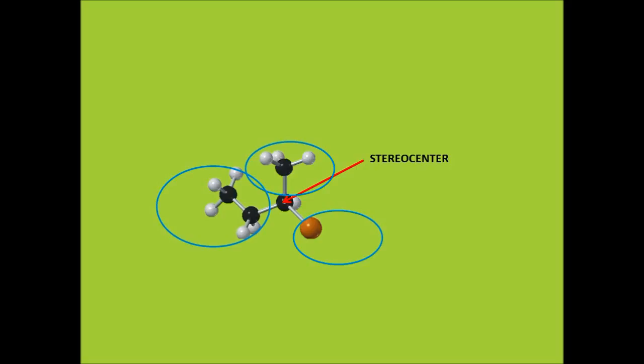This carbon, to which all 4 groups are attached, is called the stereocenter, or it is also called a chiral center. And this is one of the ways in which we identify chirality. Now, this is not the only way, but it's usually a quick way of seeing whether it's chiral or not. Usually, if there are 4 different groups on a carbon, in most cases, then it is chiral.